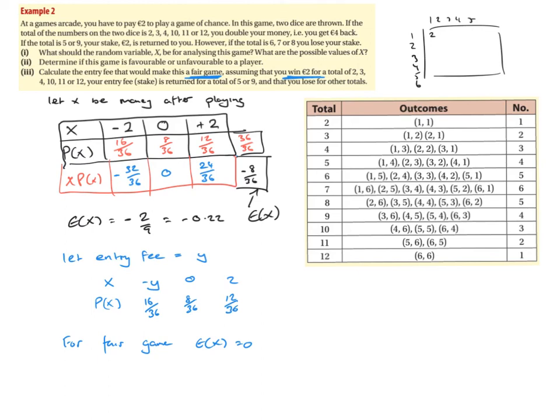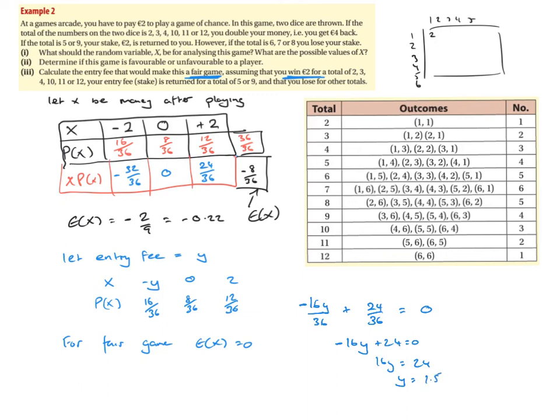So what we have then is minus 16y over 36, plus 0 times 8 over 36, which is just 0, plus 24 over 36, must be equal to 0. Which means minus 16y plus 24 is equal to 0. 16y is equal to 24, and y is equal to 1.5.